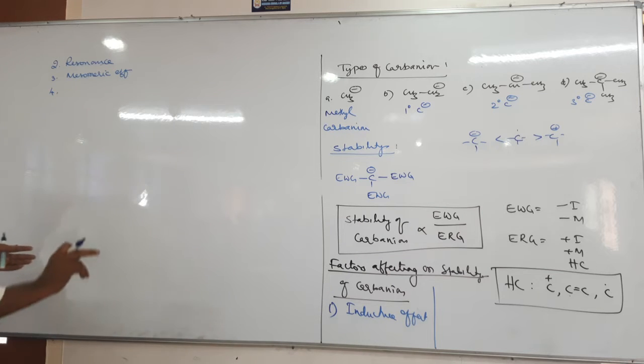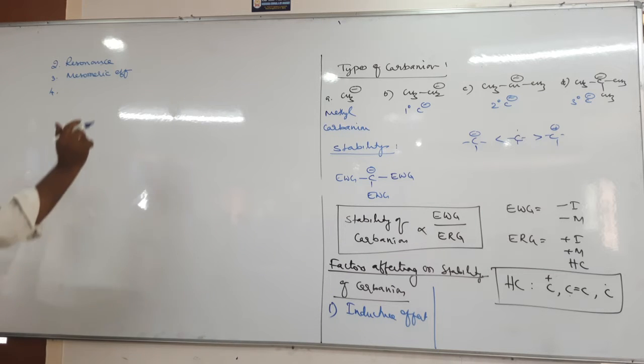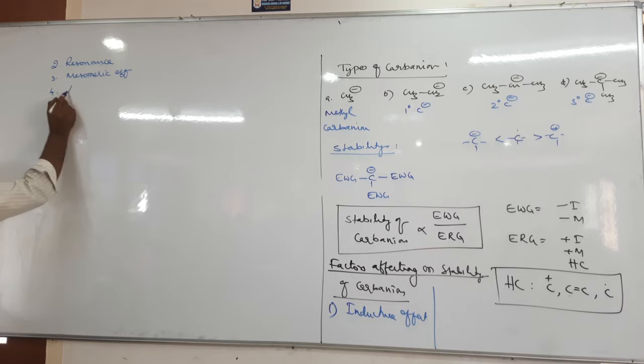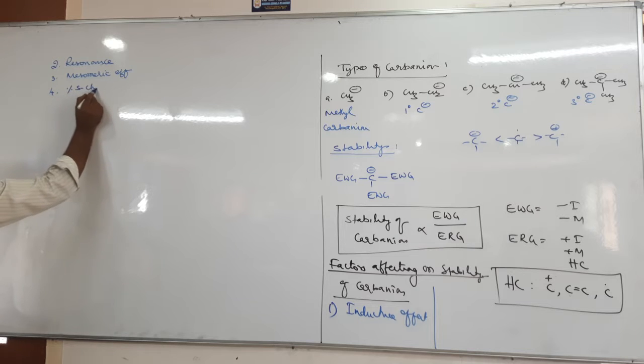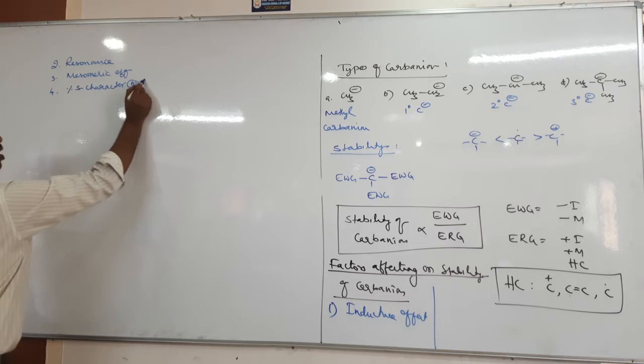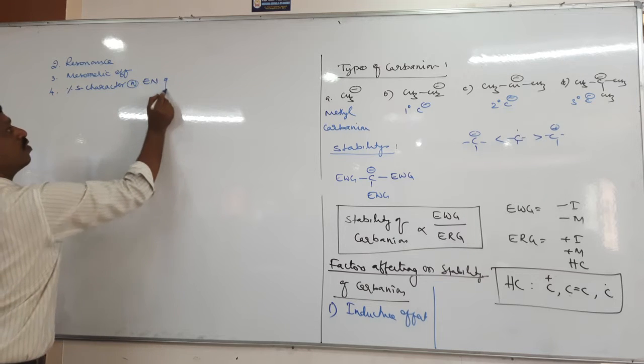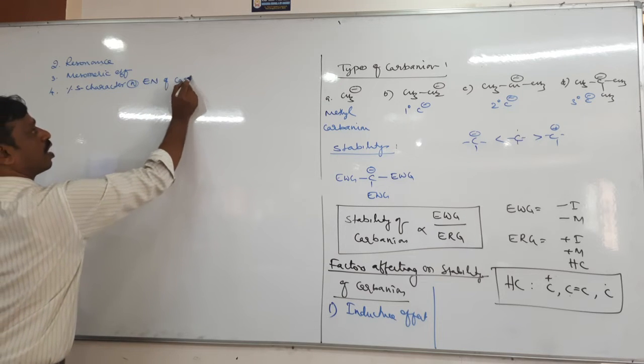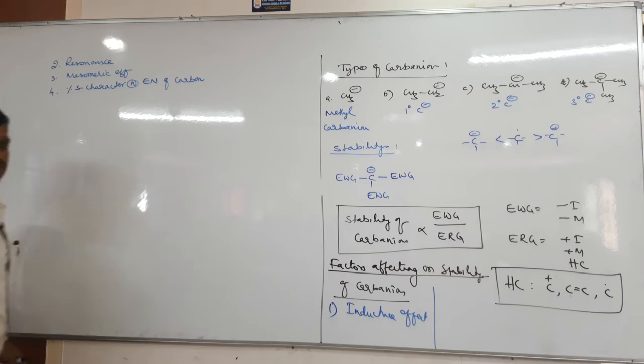But here remember, instead of hyperconjugation, another factor is the percentage of S character, or the electronegativity of carbon. Here, in place of hyperconjugation, percentage of S character comes. So these are the four factors which affect the stability of carbanion.